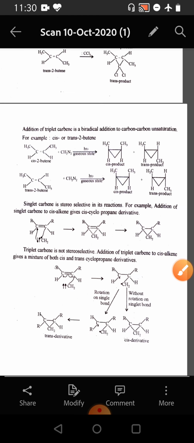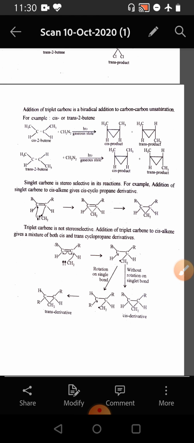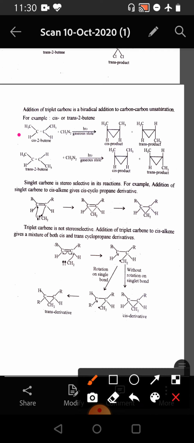But addition of the triplet carbene is a biradical addition to carbon-carbon unsaturation. So when cis 2-butene is reacted with triplet carbene, then a mixture of cis and trans products is formed, and when trans 2-butene is made to react with carbene, then also a mixture of cis and trans products is formed.